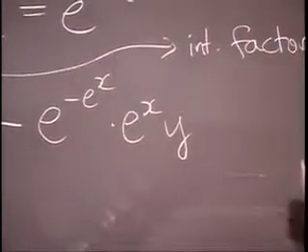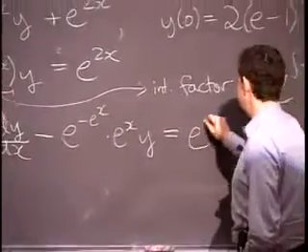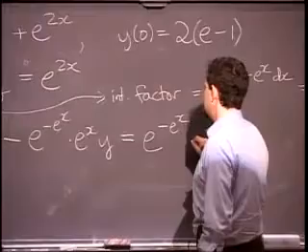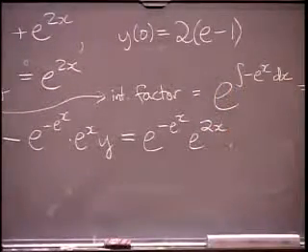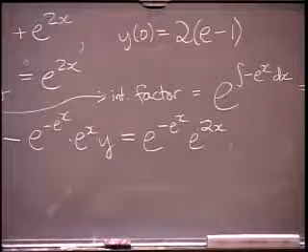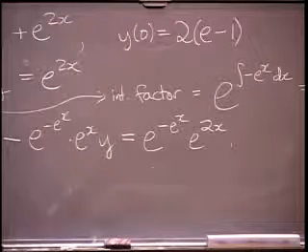And don't forget to multiply the right-hand side by the integrating factor as well. e to the minus e to the x times e to the 2x. It looks much worse than the thing we started with, even though we just multiplied through by the same function, e to the minus e to the x, all the way through.